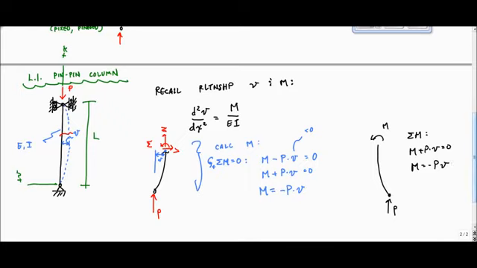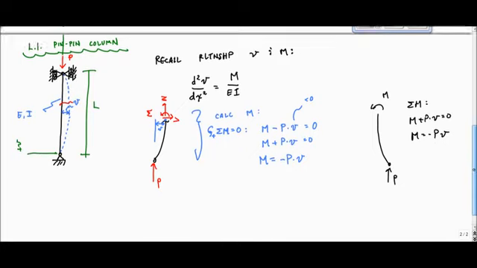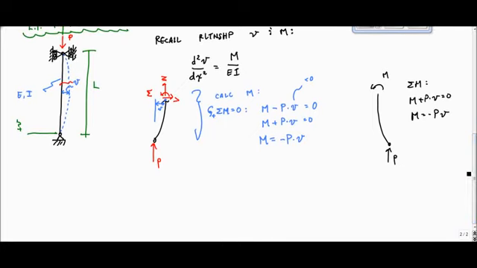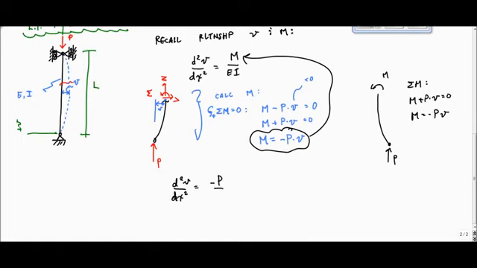This is why this class requires a co-requisite for differential equations, also because of the double integration method. I substitute this into here, and that gives me d squared v over dx squared equals minus P over EI times v.